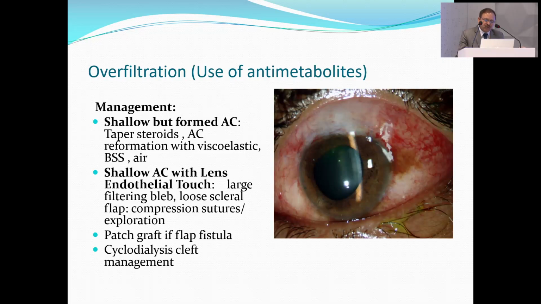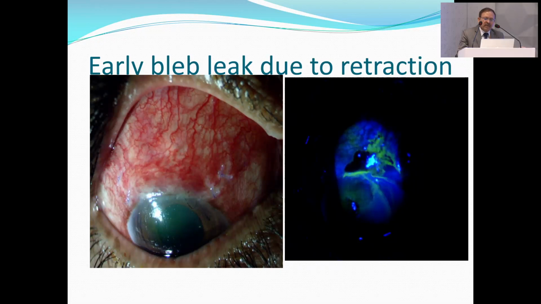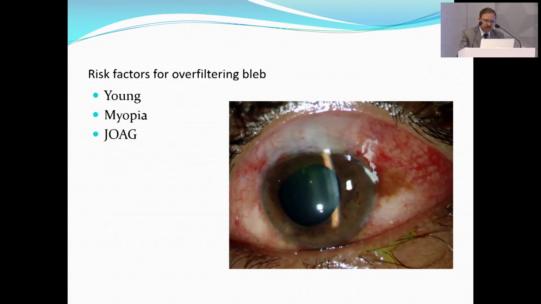There may be a flap fistula or sometimes a cleft also. Management is oral and topical steroid and cycloplegics, and you can monitor the choroidal height with serial ultrasonography. An early bleb leak due to retraction can occur sometimes, and you need to resuture the conjunctiva.